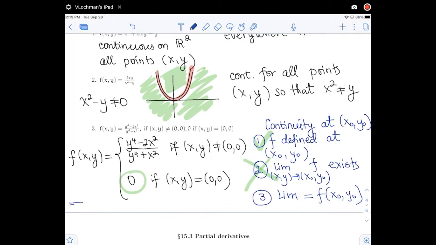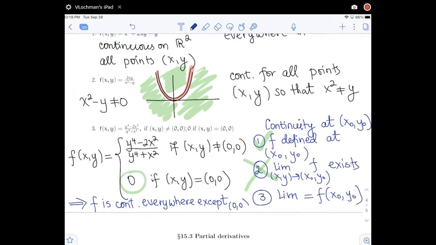So that means f is continuous everywhere except the origin, except 0, 0. It is discontinuous at that point, and the reason is that there's this asymptotic behavior that goes all over the place.